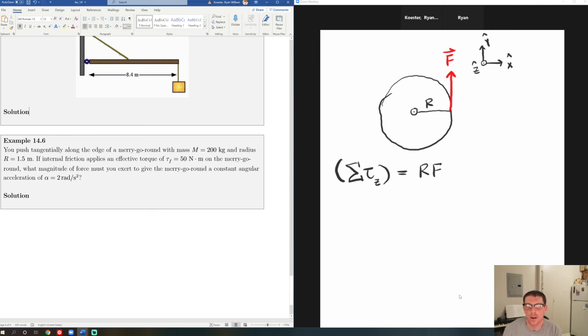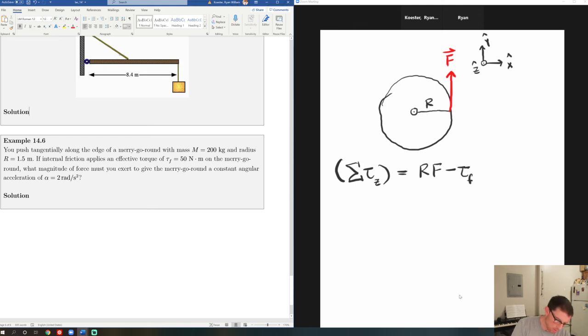Now, there is a frictional torque, and we don't know what the associated force is and what the associated R value is. But it doesn't matter because we're told in the problem statement that it has a magnitude of 50 newton meters, so we can simply write tau sub f.